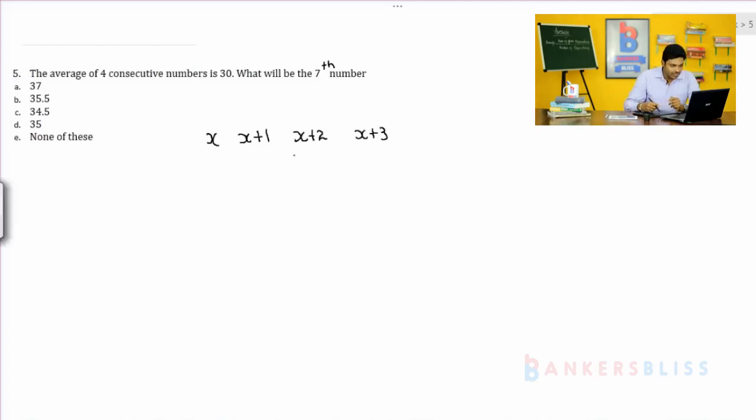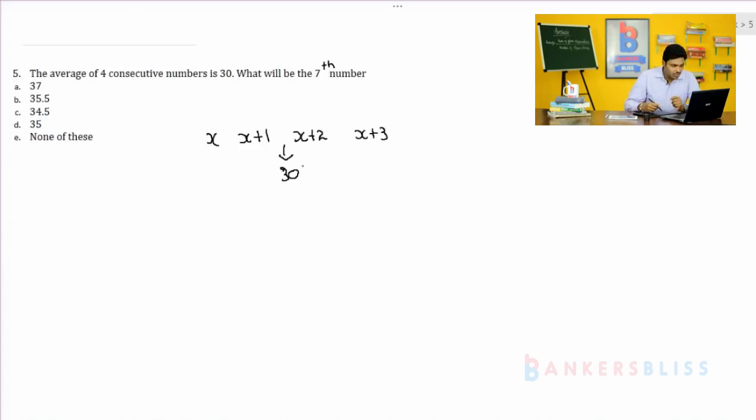Only 4 numbers are there in the series, so the middle number will be between x plus 1 and x plus 2. So the average is 30, the middle number between x plus 1 and x plus 2. Now I have to identify the value of x plus 1 and the value of x plus 2.